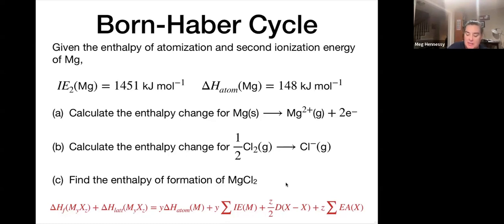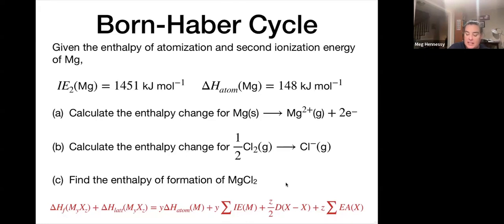So here are some examples that I tried to work up that gave you that sense of we're doing a couple of steps. One more time, it's really common in these questions to have some values given in the problem statement because they aren't in the data booklet. So even though you have to be an expert with your data booklet, you're still going to have to make sure that you check the problem statement for any values that you need.